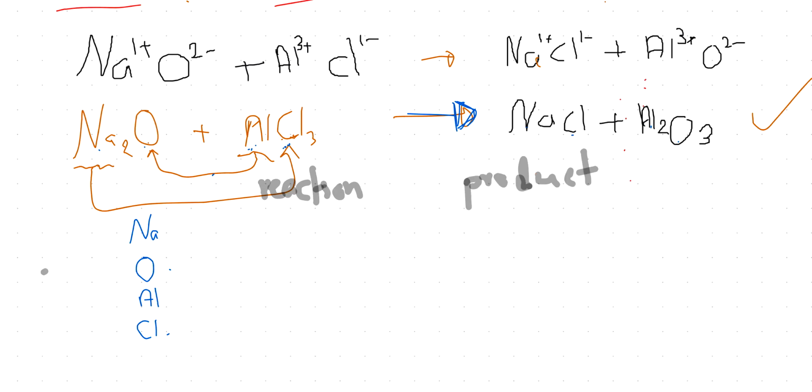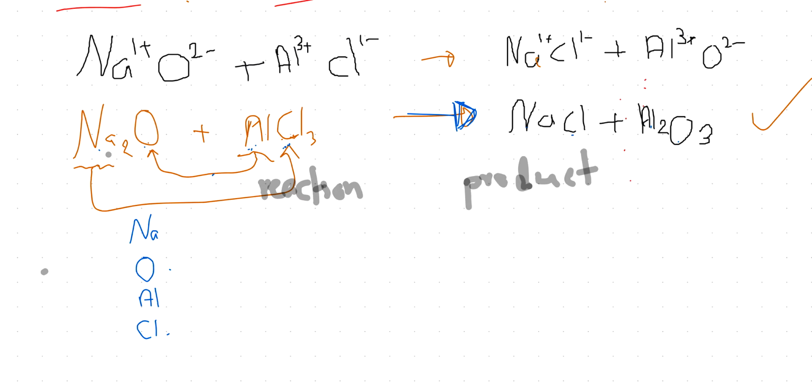Just remember when I asked you to read the chemical formula, how many molecules and how many atoms of each element in it. For example, if I have sodium oxide, who can read it for me? How many molecules do we have here? Only one. How many atoms of sodium? Two. How many atoms of oxygen? Only one. This is what we have to apply here to balance our equation. This is very important.